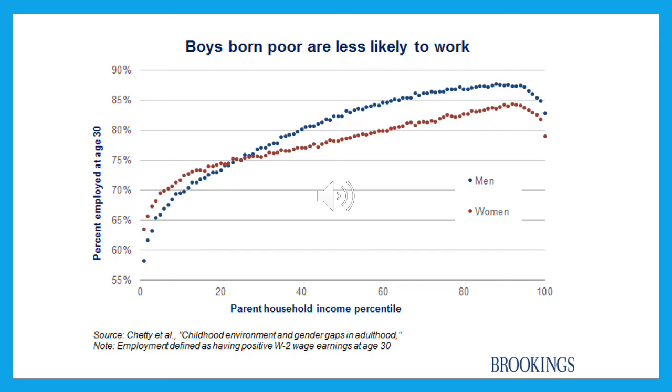And one reason might be that they're expected to do more for their family, that they're expected to help out with the family more. But more likely explanations are lack of access to education, lack of access to good social networks that would tend to lead to jobs, but also lack of an environment where jobs are to be found.